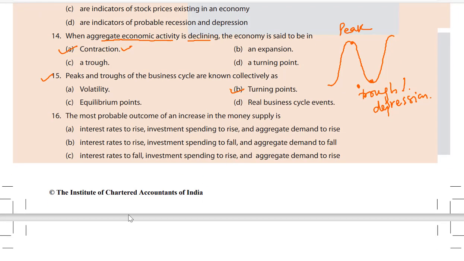16th. The most probable outcome of an increase in the money supply is A, interest rate to rise, investment spending to rise and aggregate demand to rise. B. Interest rate to rise, investment spending to fall, and aggregate demand to fall. C. Interest rate to fall, investment spending to rise, and aggregate demand to rise.